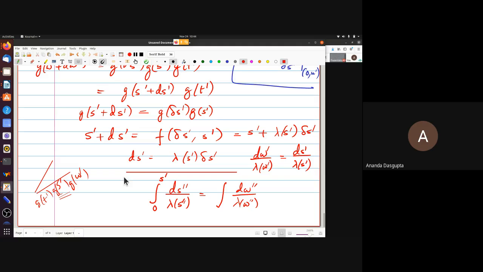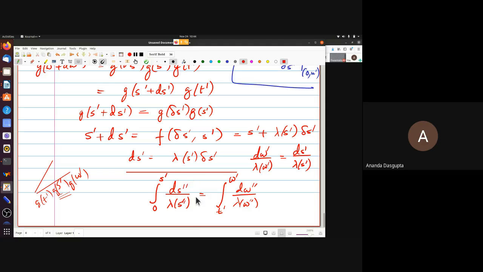It is T prime, right? Because when S prime is 0, GS prime is identity. So you're not moving at all. So this is the initial value of W prime as S prime, or S double prime, which is the dummy variable of integration here, ranges from 0 to its final value of S prime. This goes from T prime to W prime. Right? Is that okay?